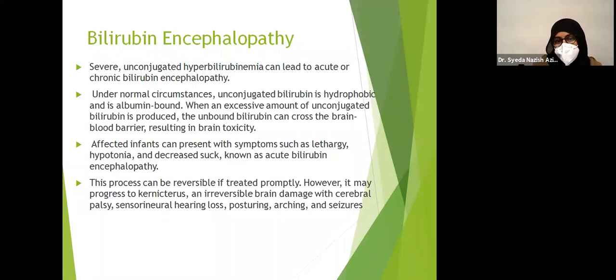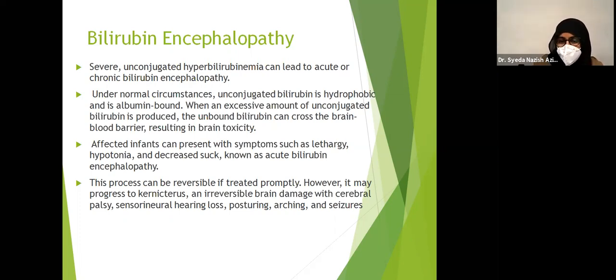What we know already is that under normal circumstances, the unconjugated bilirubin is hydrophobic, so it is always bound to albumin while in the plasma. But when there is an excess of unconjugated bilirubin in the plasma, it exceeds the capacity of albumin to bind it, and the unbound bilirubin can cross the blood-brain barrier, resulting in brain toxicity.